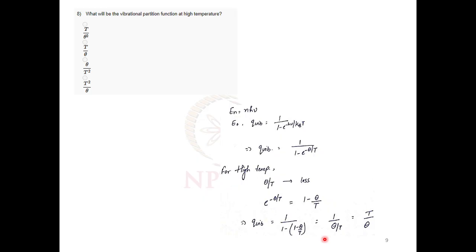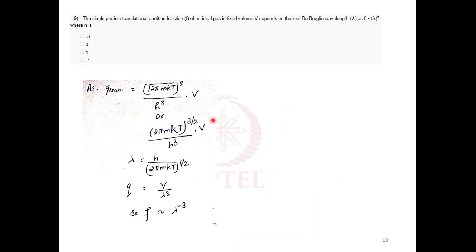Now we will go to the next question, where we will show that the single particle translational partition function is V by lambda cubed, where lambda is the thermal wavelength, whose value is h by the square root of 2 pi m kB T. So Q equals V by lambda cubed.